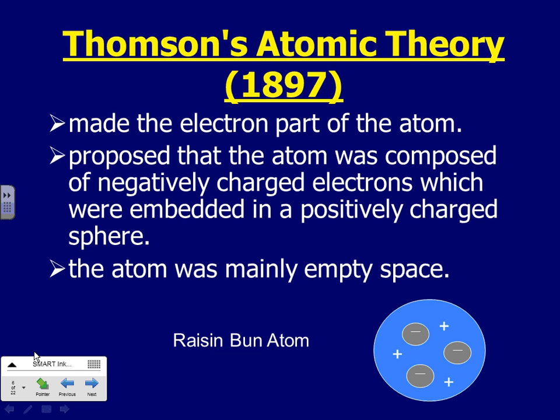Electron meaning tiny little piece of electricity, all right? And ultimately, a guy by the name of Millikan was able to determine the mass of these electrons and the charge on them, which is very important.